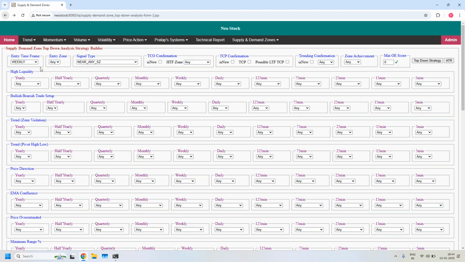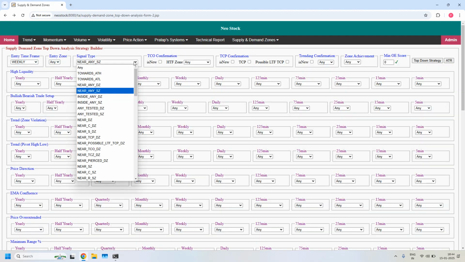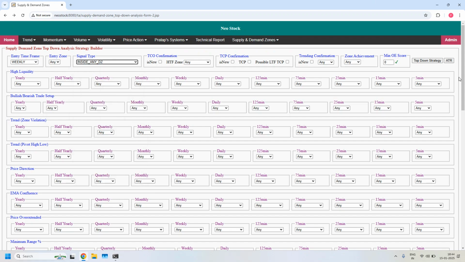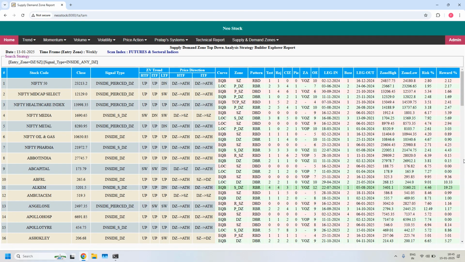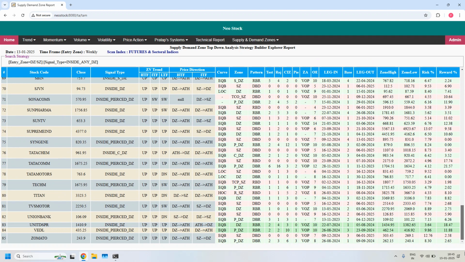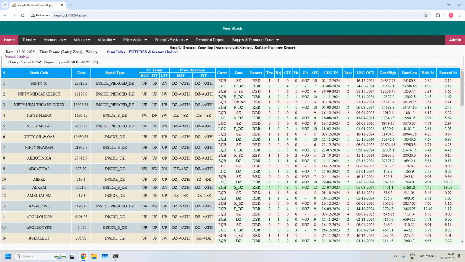Next, weekly time frame. Price closed inside the weekly demand zone. We got a very big list. So total 85 stocks are filtered. Out of these 85, you are seeing first 16 stocks on the list.